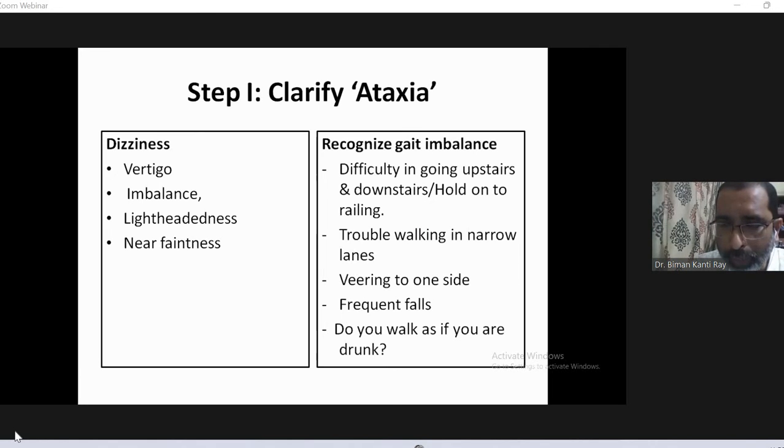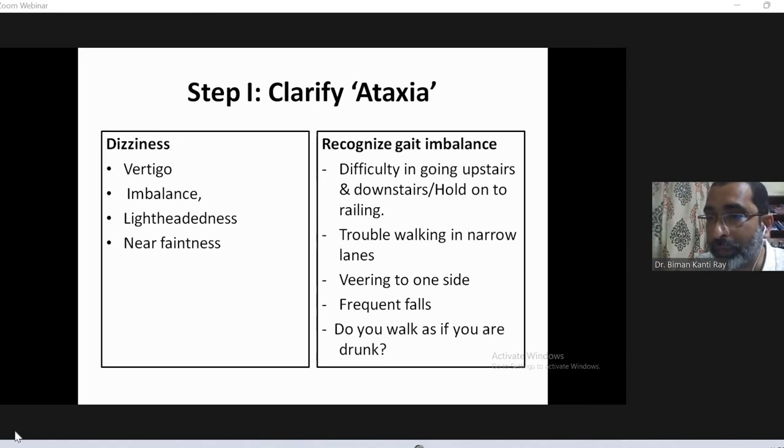Now, if you are really dealing with a case of ataxia, you always ask some other questions to establish that it is really ataxia. So, as in this case, the patient has told he has difficulty in going upstairs or downstairs. Sometimes they tell they have to hold on to the railing, otherwise they cannot walk.